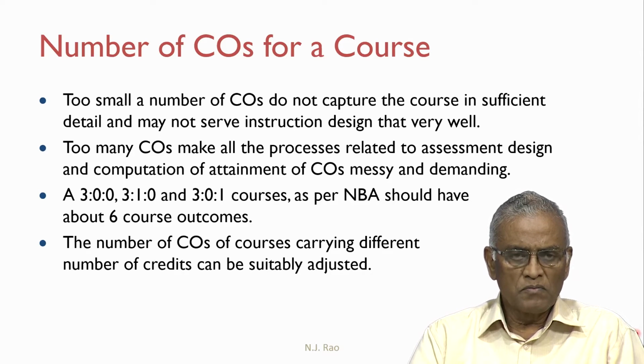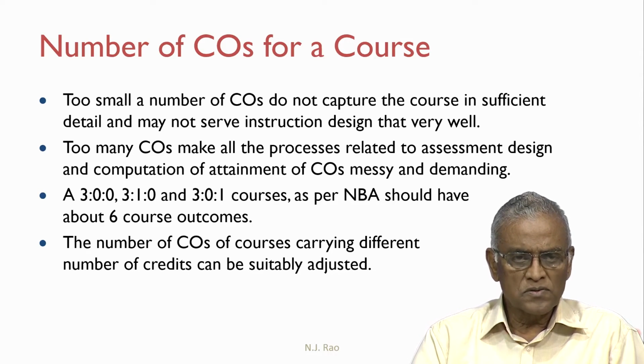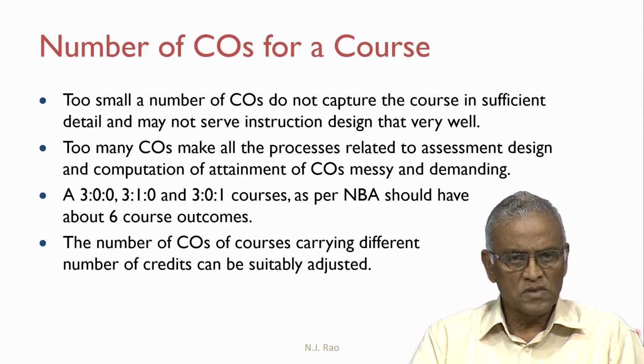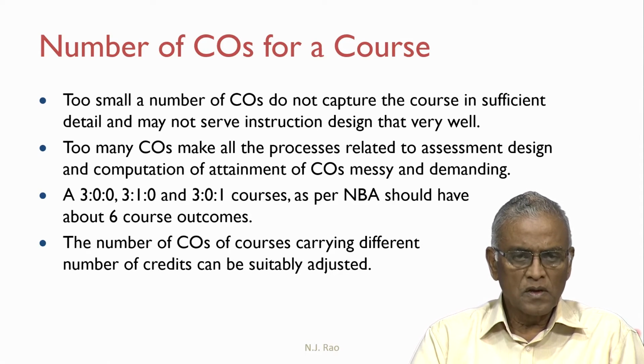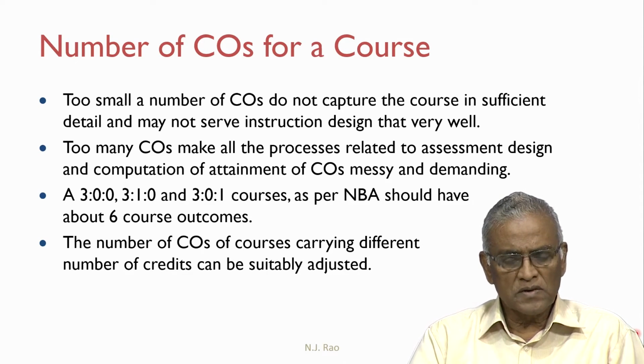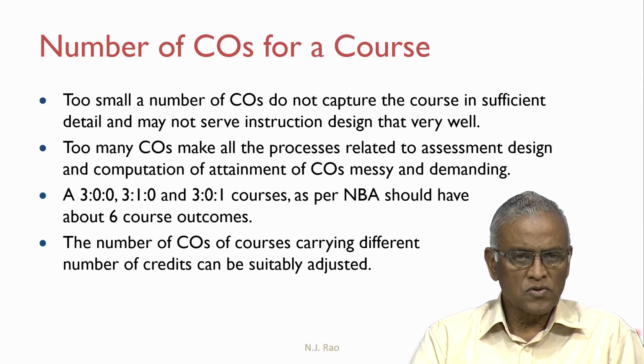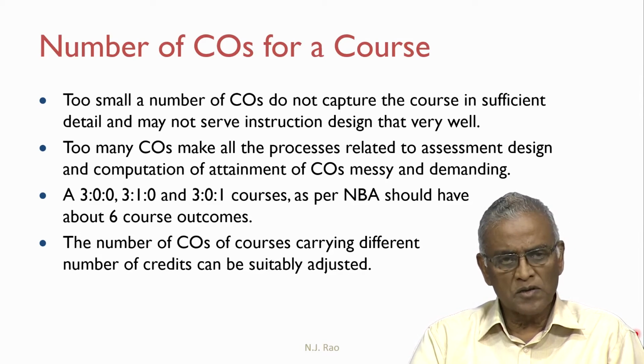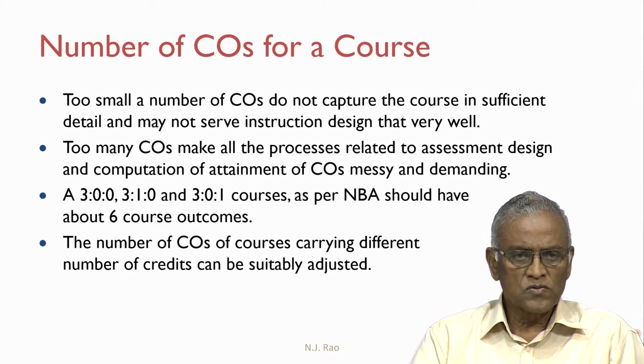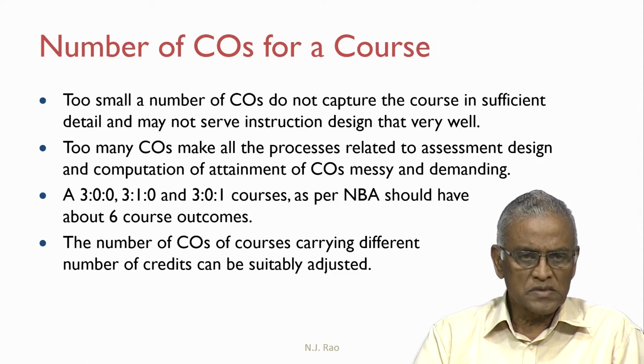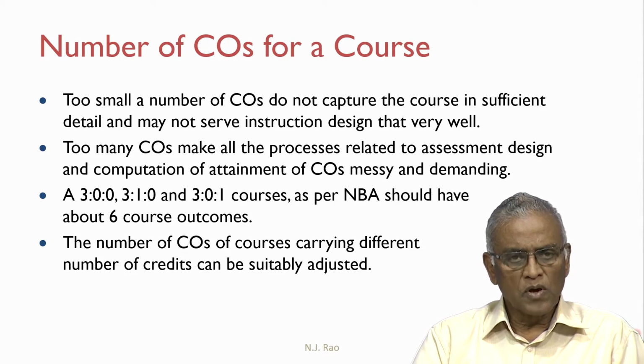Most of the courses fall into these categories, like 3:0:0, which means 3 lecture hours per week, no tutorial and no laboratory. Or you may have a course 3:1:0, 3 lecture hours per week and 1 tutorial and no laboratory.